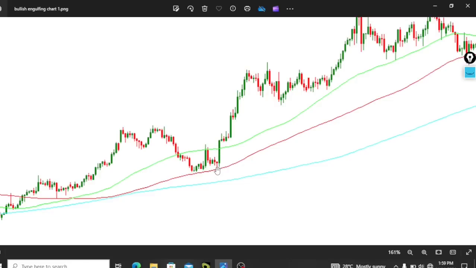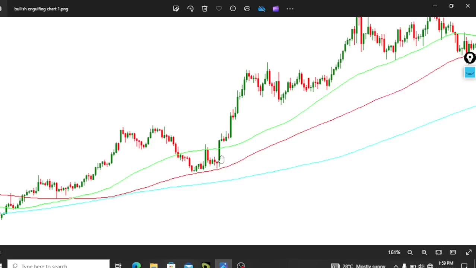Look at the last red candle there on top of a moving average. The second candle in the setup is the long green candle, which completely engulfs the last bearish candle. In this case, it engulfs more than 4 or 5 of the red candles.